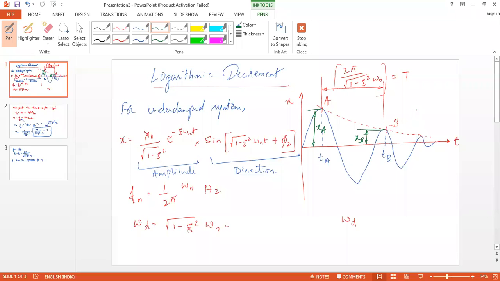Is it clear? XA is the amplitude at time tA and XB is the amplitude at time tB. Okay, but those two are not the same. Any doubt? No, sir.